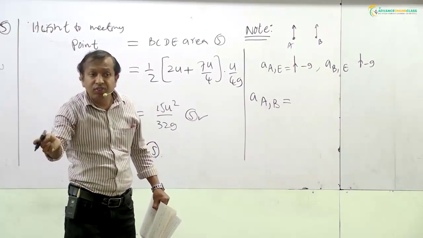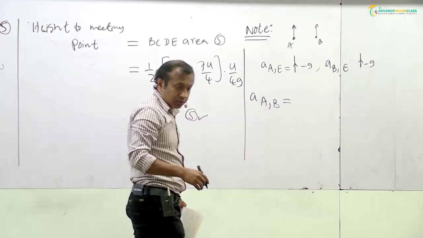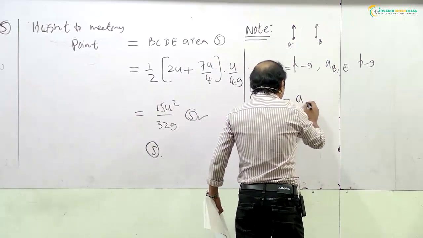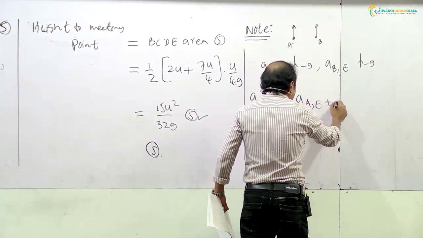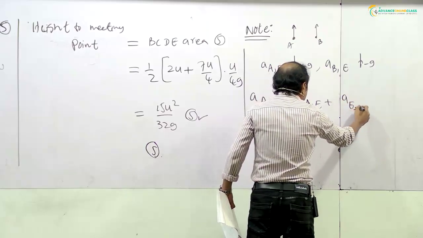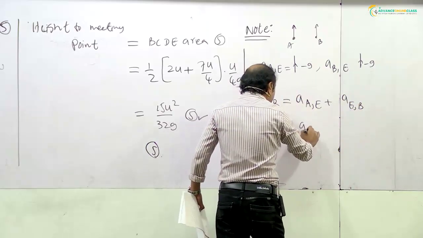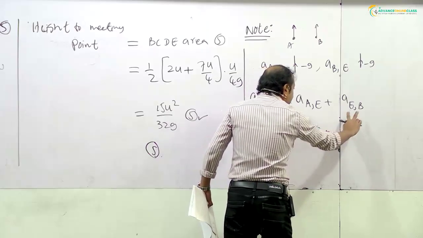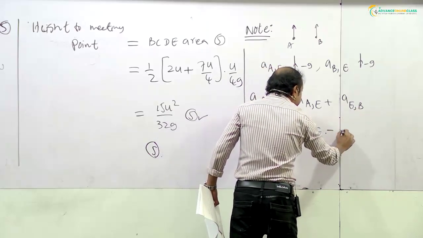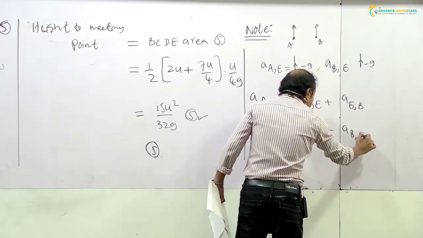Only thing is, instead of V, we use A for the acceleration. A comma E, comma B. If I interchange this order, a minus sign comes in: A, B comma E.